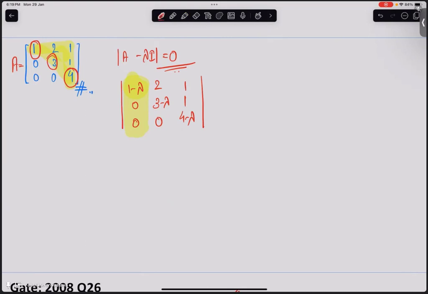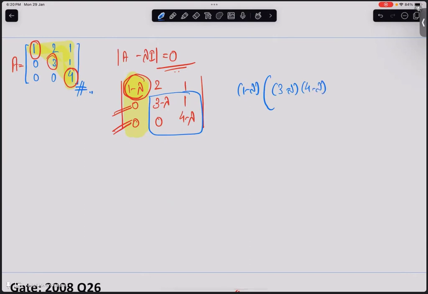This is 0, this is 0. We only need to worry about the first element, 1 minus lambda, and then this minor, 3 minus lambda into 4 minus lambda minus 0 into 1, that is equal to 0. So what is the characteristic equation? 1 minus lambda, 3 minus lambda, 4 minus lambda is equal to 0.